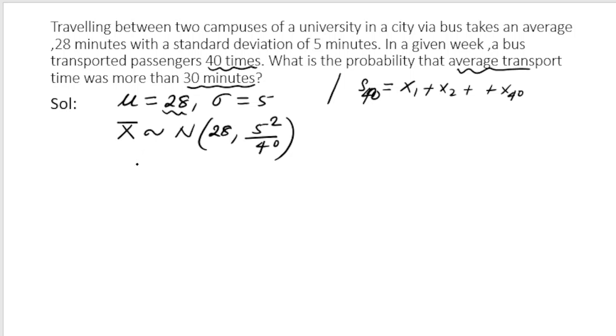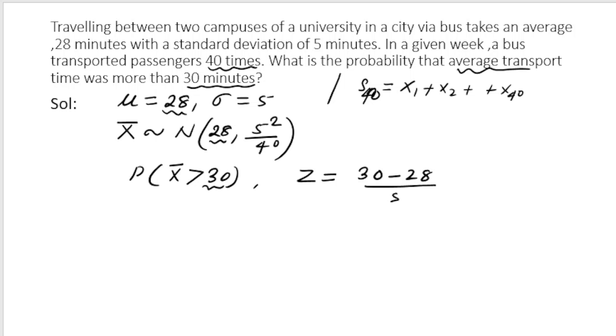Now what probability do I have to calculate? The probability that average transport time was more than 30 minutes. So I have to calculate the probability that x bar was more than 30. First of all, I have to calculate the standard normal variate, that is z. So if x is 30, what is z? Z is 30 minus mu, that is 28, by sigma, which is 5 by under root of 40.